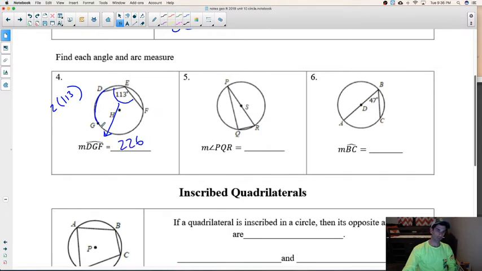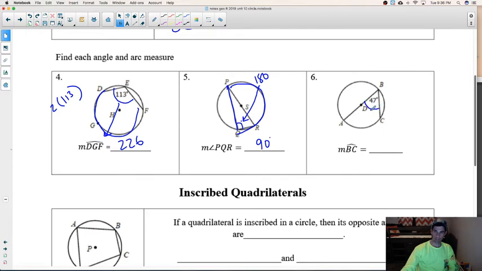So that would be 226 right there. Angle PQR. So here is angle PQR right here. That was grabbed from here, which was 180 degrees. So now what's the rule? If you're going from the arc into the angle, you half it, so that's 90 degrees.